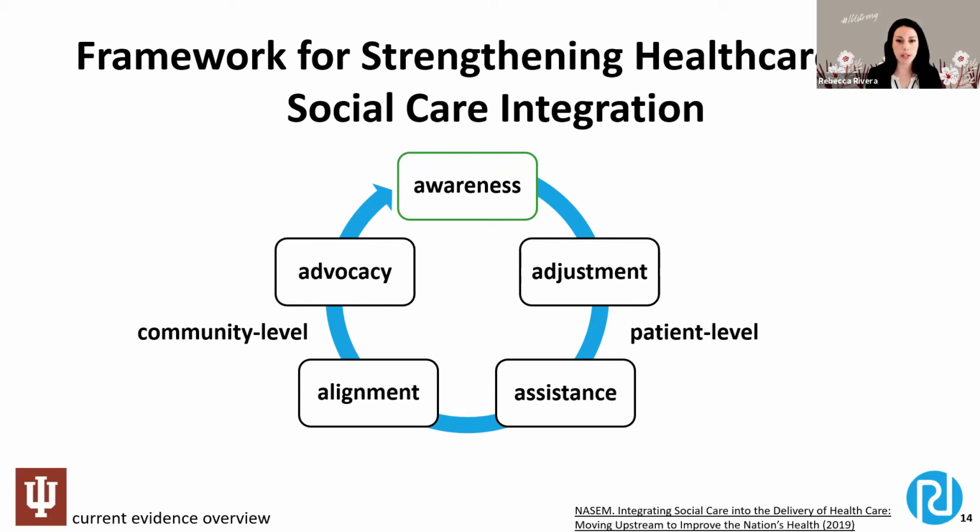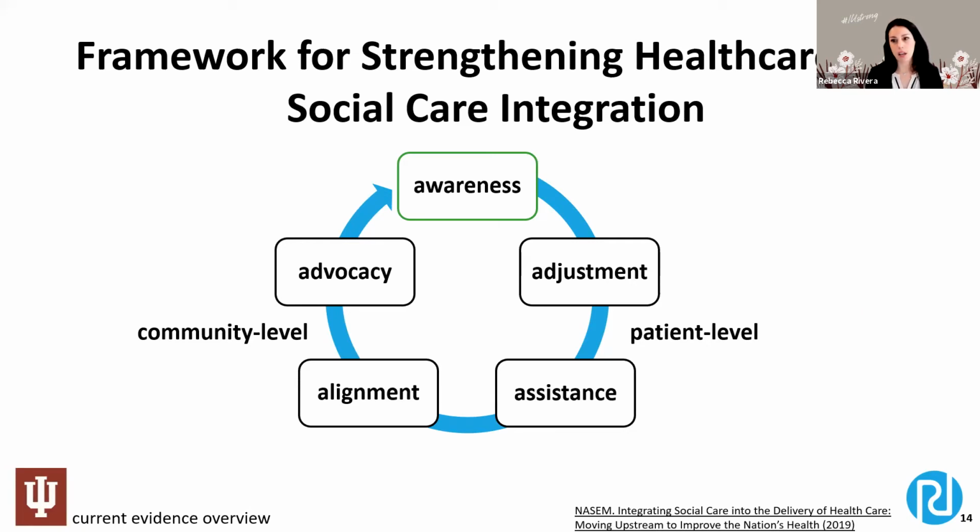We can think about awareness as activities that assess need. So screening patients for social needs would be one, maybe doing a needs assessment at the community level would be another one.